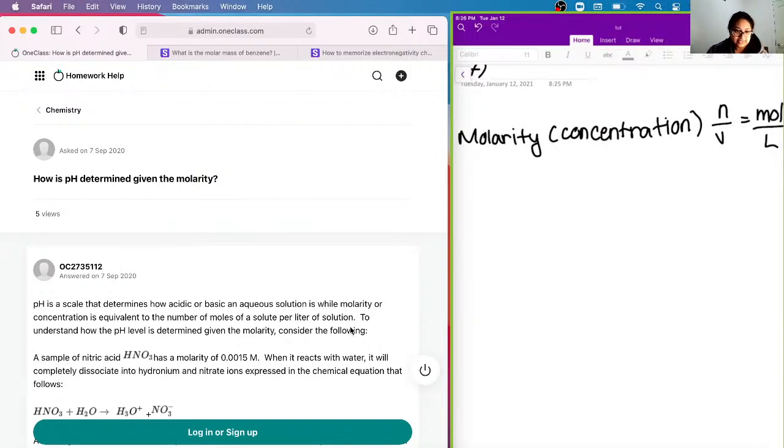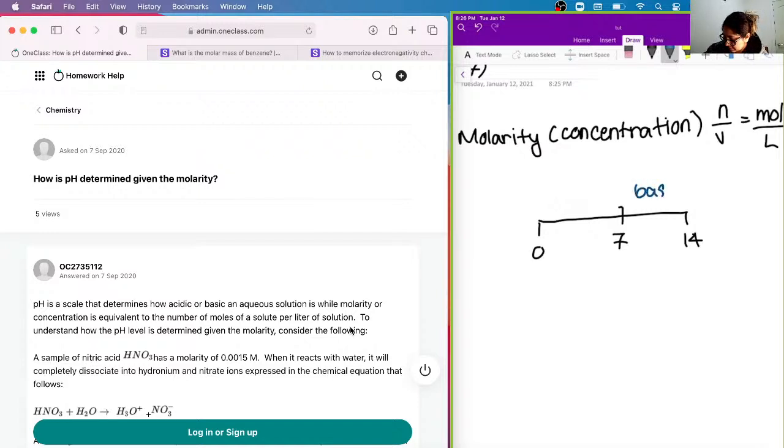Over here they have stated that pH is a scale that determines how acidic or basic an aqueous solution is. Where 7 is your neutral, and this is 14. So this part is basic.